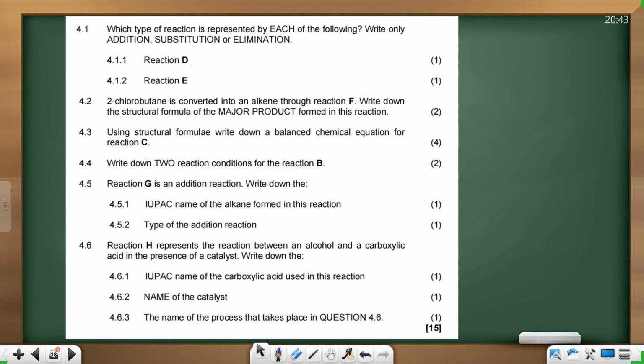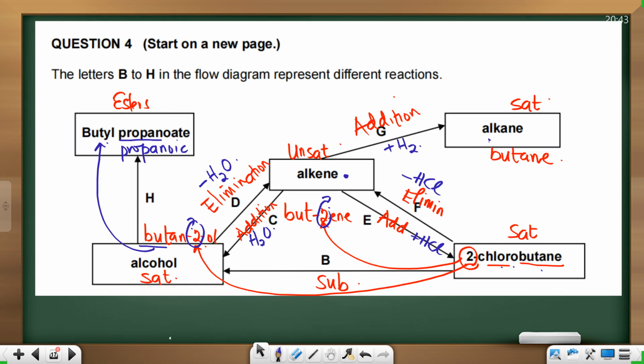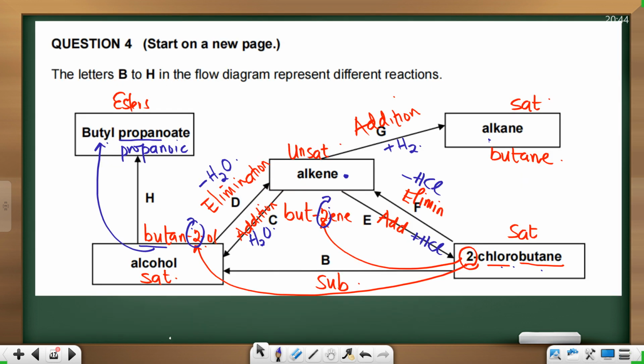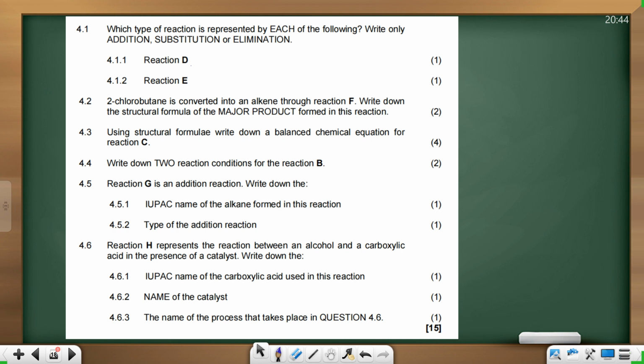I'm going to pass because together we have answered all of that. We over-answered. What is D? D is elimination. What about E? Addition. Guys, do you see how fast it is by using your acronyms?